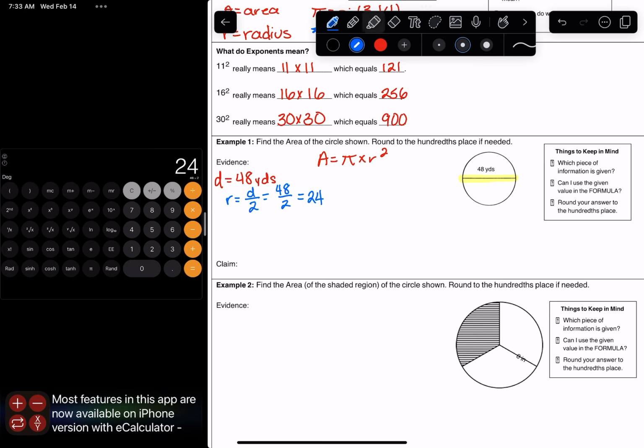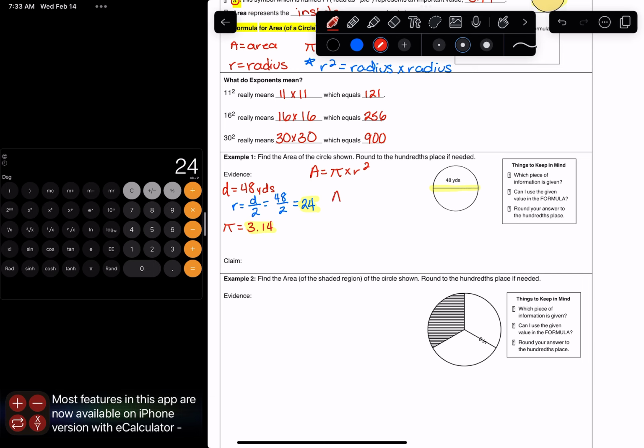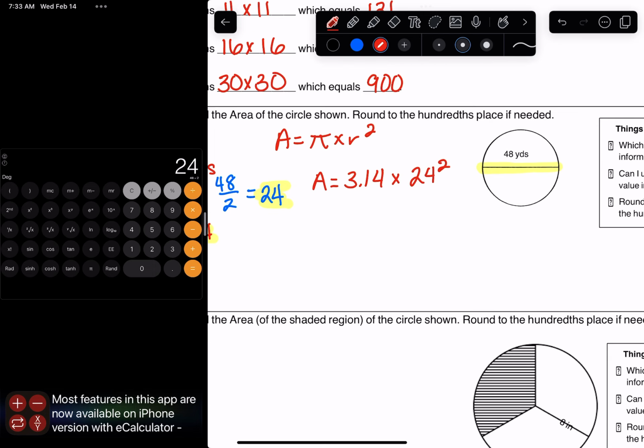Okay, now I can use this for my formula. The last piece of information I need is what pi is, and that is 3.14. So now I can place this also into my formula. A equals 3.14 times 24 squared.